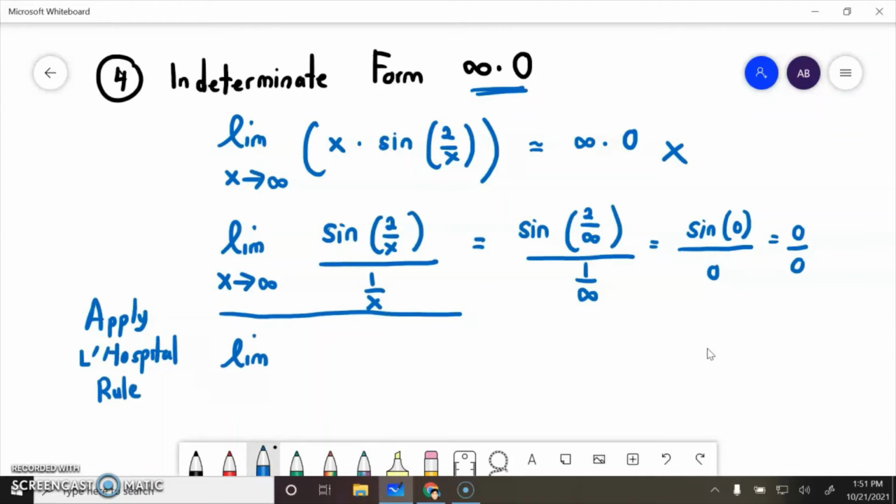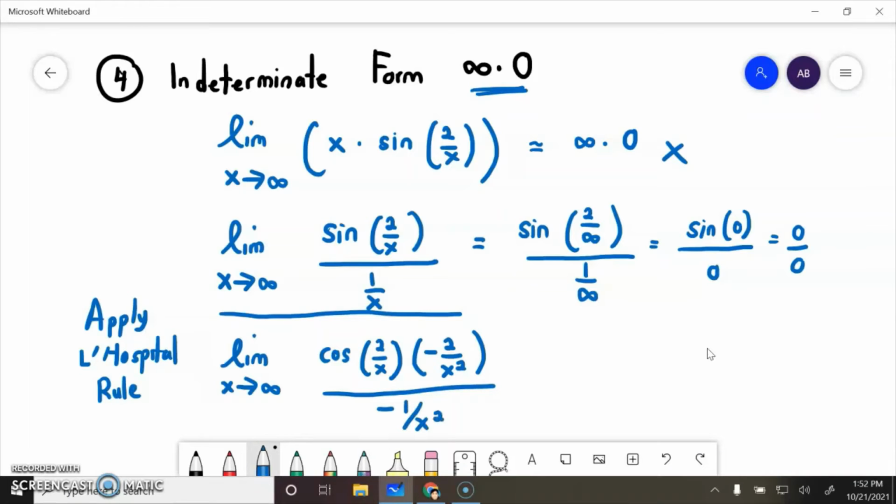So I'll have limit x approaches infinity. Taking the derivative of sine will give me cos of 2 over x, and don't forget to apply the derivative for the 2 over x. That will give me negative 2 over x squared. Taking the derivative of 1 over x will give me negative 1 over x squared.